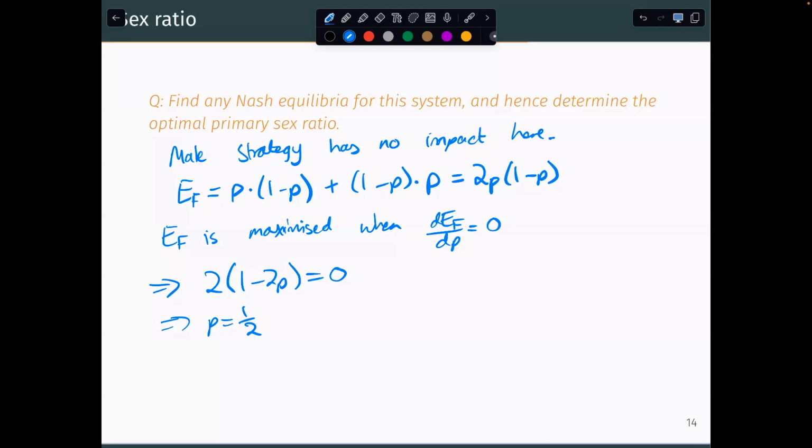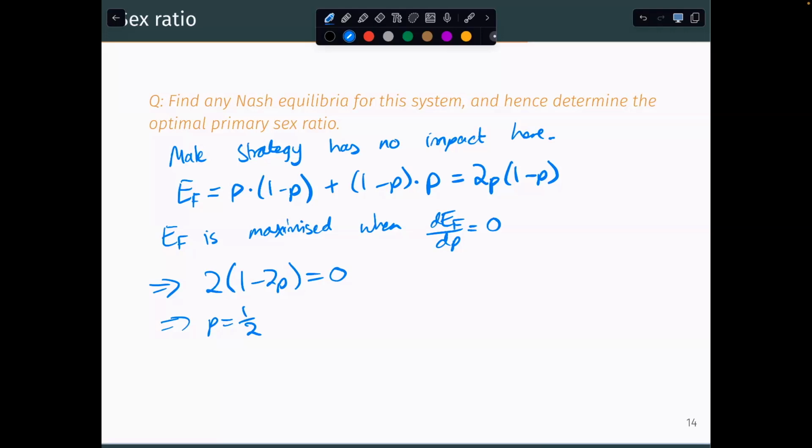So you can think about an individual's production of sons and daughters, but then also their production of granddaughters and grandsons, which will depend on their production of sons and daughters. It's a little bit confusing, but essentially you can count up over many generations. You actually just need to look 2 generations into the future to work out the sex ratio. Ultimately, you end up with the same thing.